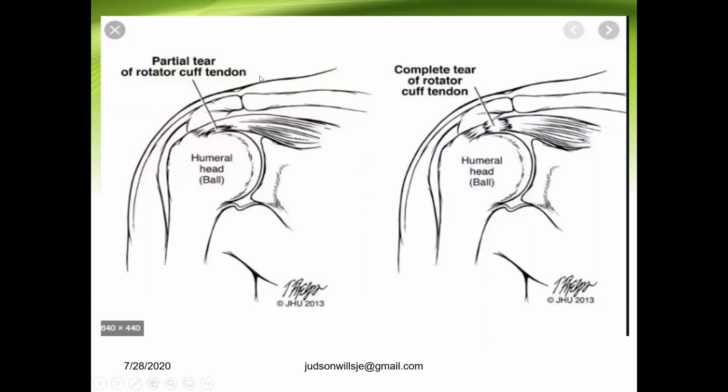And here you can clearly see that this is a partial tear of the rotator cuff. This is the humeral head, like the ball of the humeral head, and this is the rotator cuff. Here you can see the tendon there, and it's a complete tear of the rotator cuff.